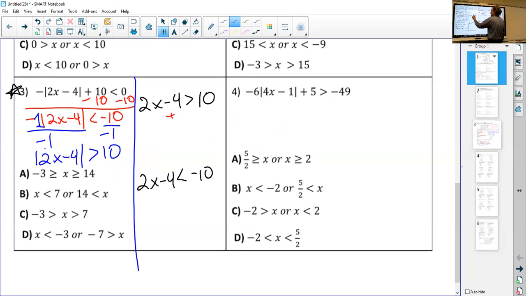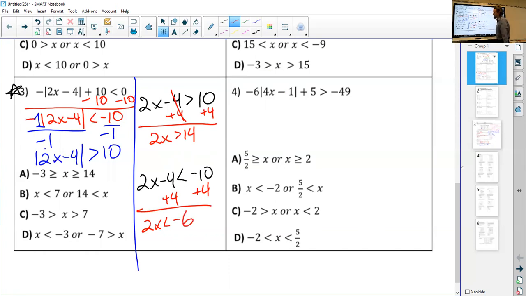So we can do plus 4 in both equations. So this is 2x, these will cancel, it's greater than 14. Or down here, 2x is less than, -10 plus 4 is -6.